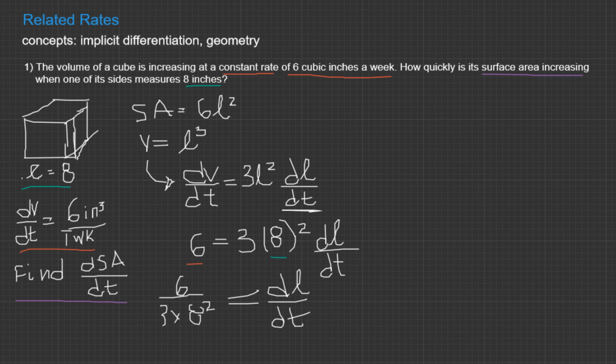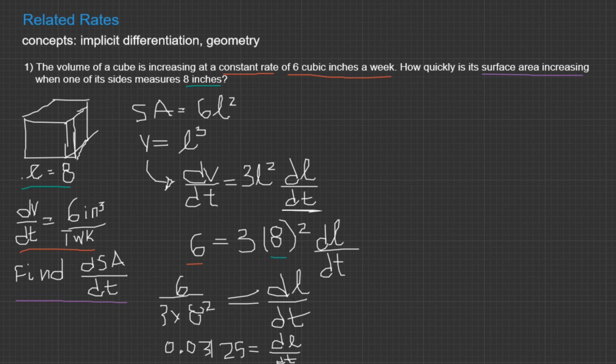And we can go ahead and simplify that fraction to, let's see, 0.03125 is equal to dL/dt.